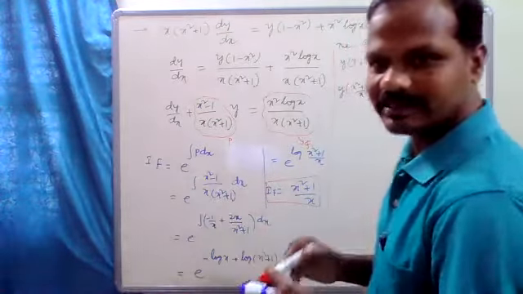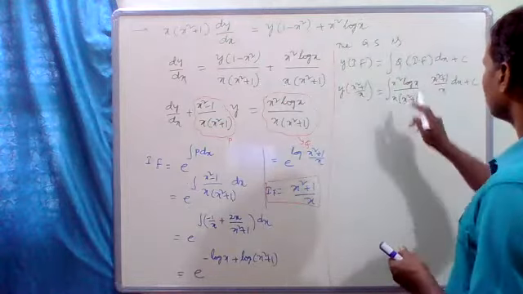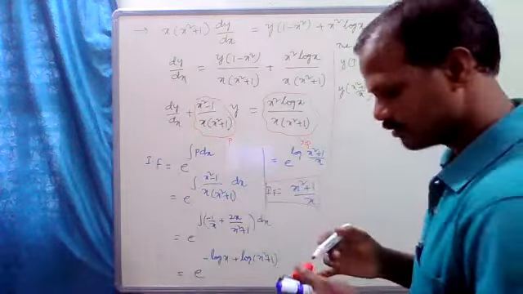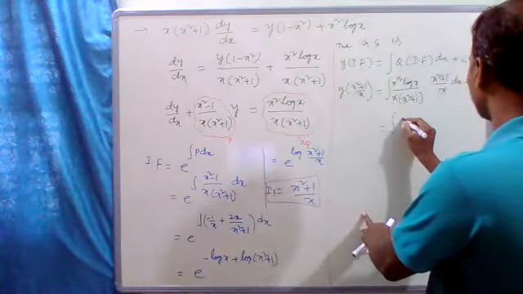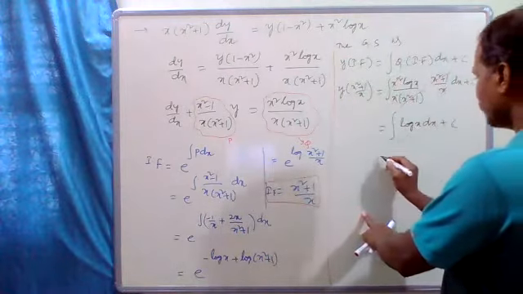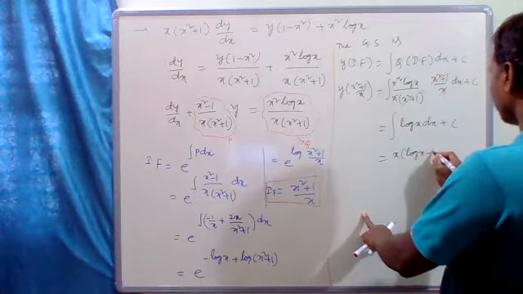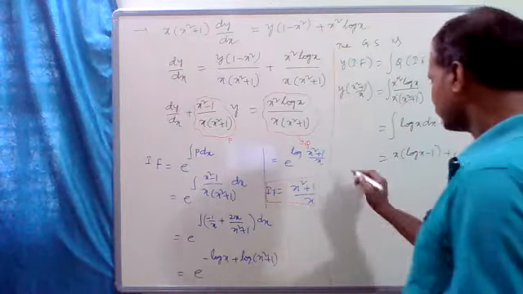Now here x² + 1 will be cancelled. Here x into x² will be cancelled. So this is equal to ∫log x dx + c. So ∫log x is x(log x − 1) + c. Clear? So that's all.